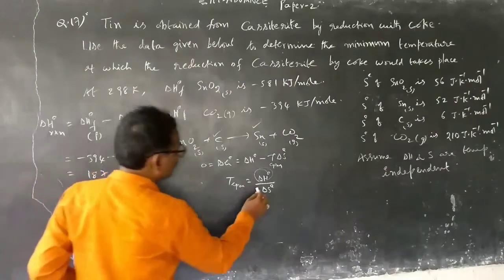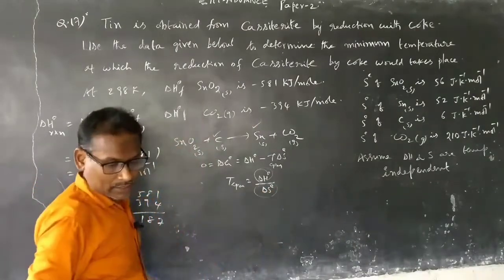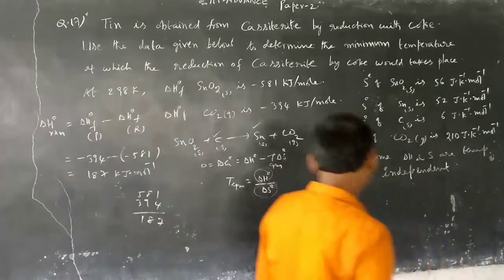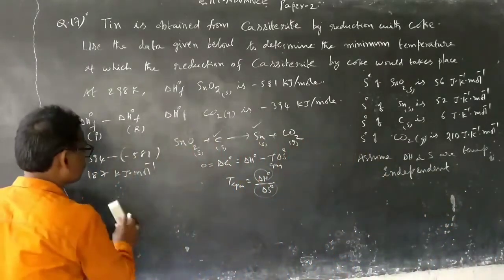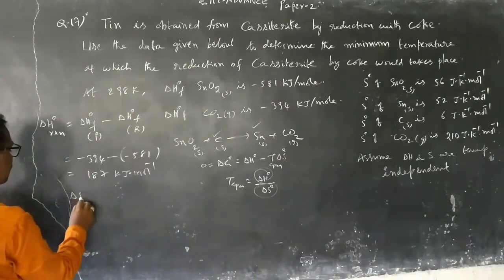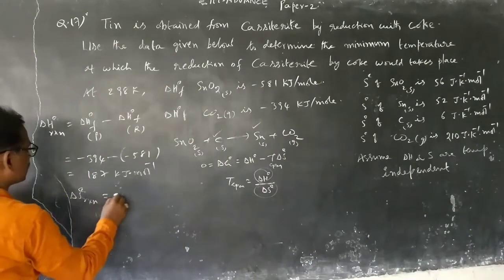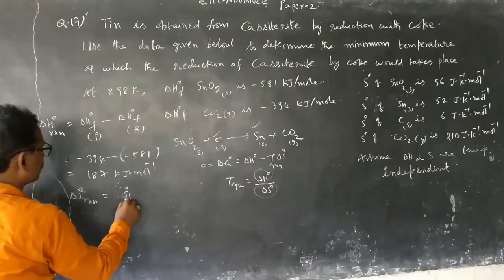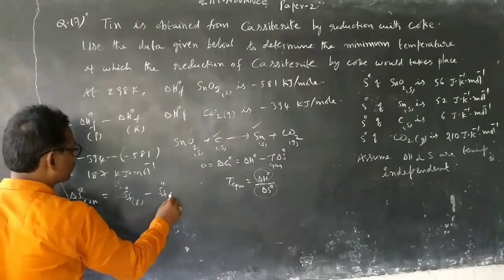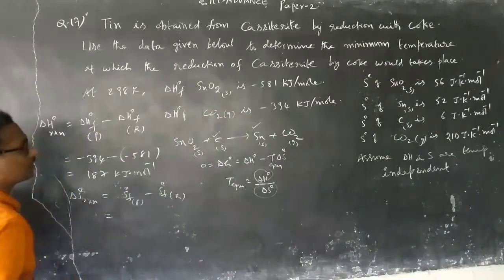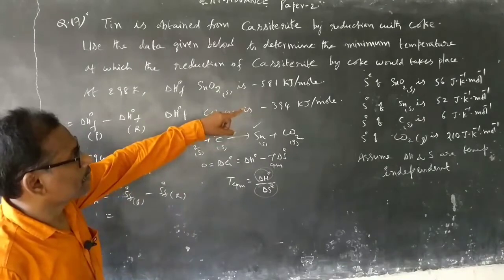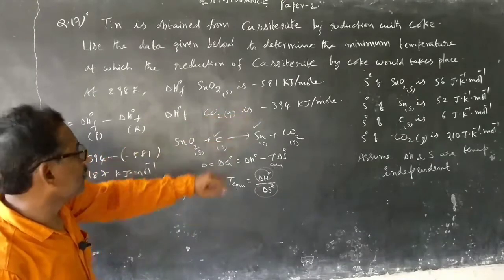Now let us try to find the other value also. That is, ΔS0 of the reaction is equal to the standard entropy of products minus the standard entropy of reactants. They are given the standard entropy values of all the 4 components.